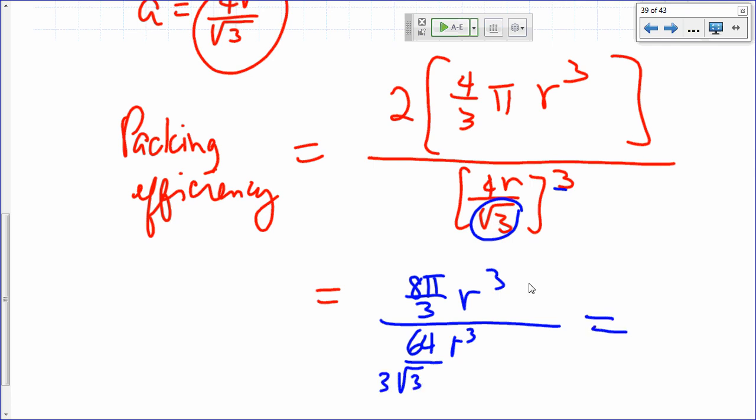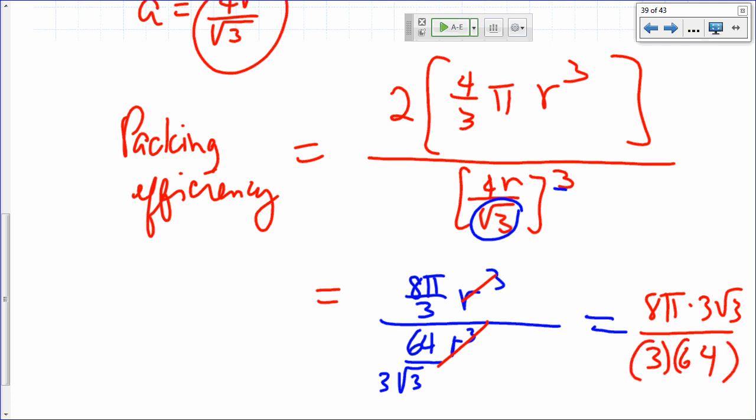And so cancel your r cubed, and let's see if we get 68%. That's going to be what? 8 pi over, okay, times 3 square root of 3 over 3 times 64, right? Is that correct? So 3 cancels out, 8 and 64, that leaves you with 8.